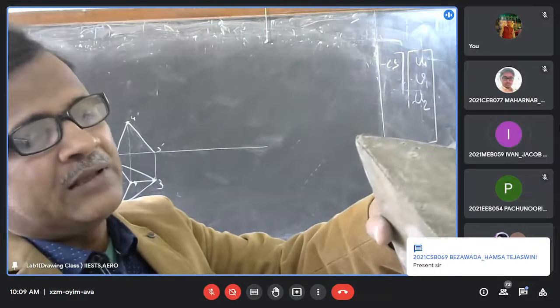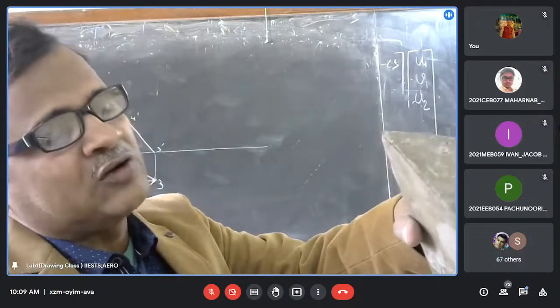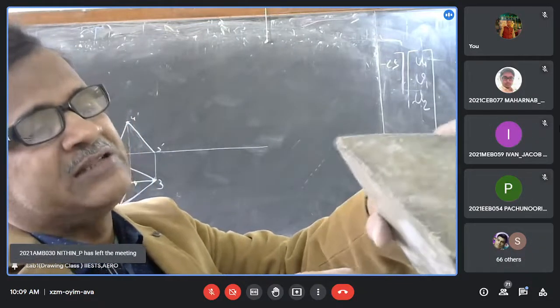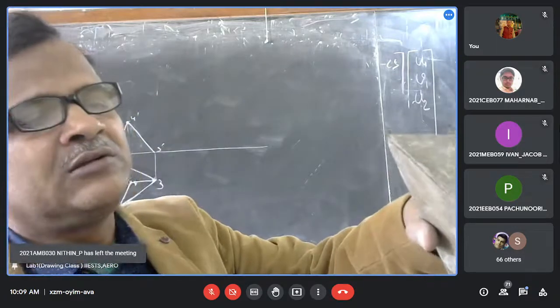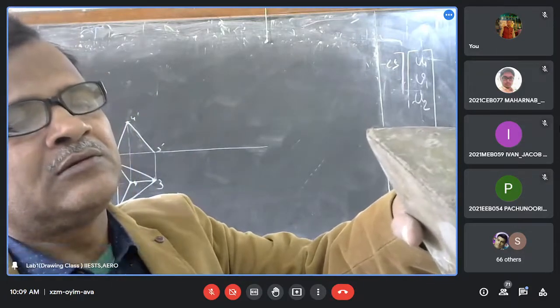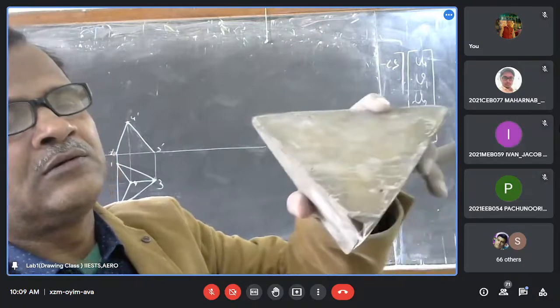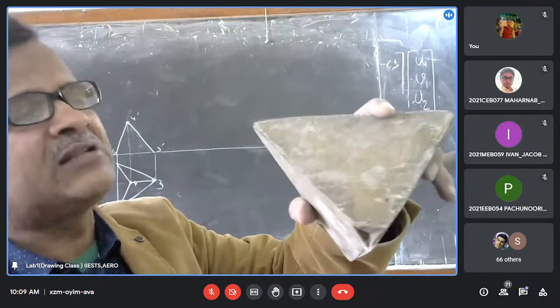By keeping the resting edge perpendicular to the vertical plane, you are rotating like this. Does the elevation shape change or not? No, sir. The shape will not change, only the orientation changes.